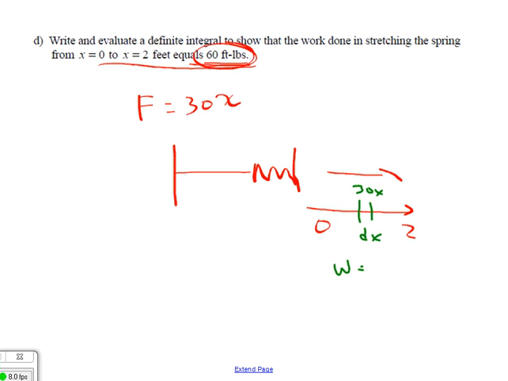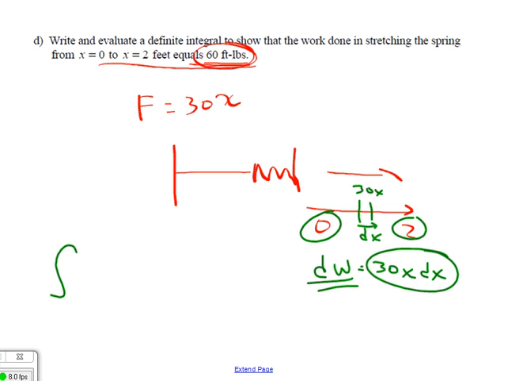So the amount of work being done to move it that little distance dx is 30x dx. So we're just going to add up all of these little works, from 0 to 2. And if we go ahead and evaluate that, we get 15x squared from 0 to 2, which equals 60 foot-pounds.